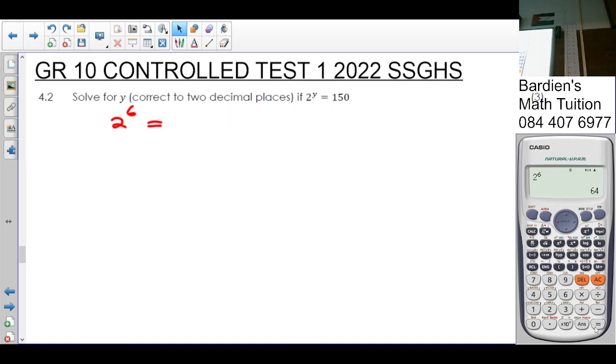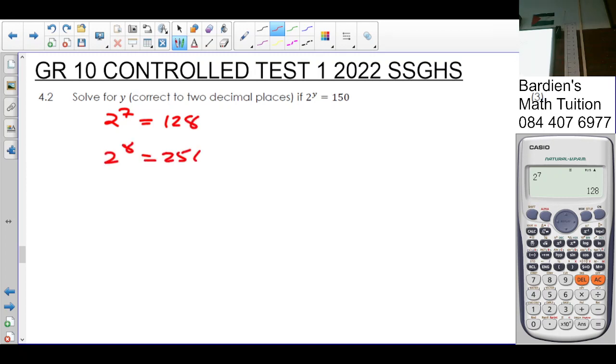So 2 to the 6 is 64, 2 to the 7 is 128. So it must be 2 to the 7, 2 to the 8. 128, and 2 to the 8 is 256. Okay. So in other words, this will simply be 2 to the 7 comma something.